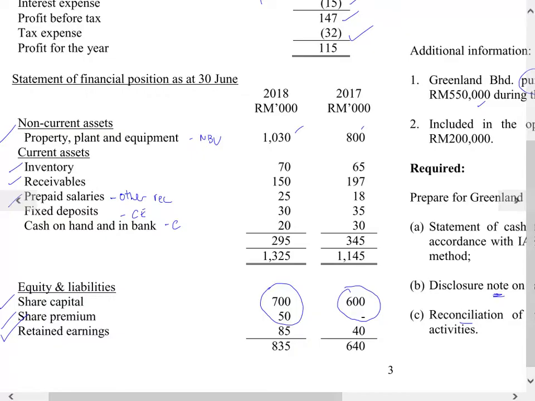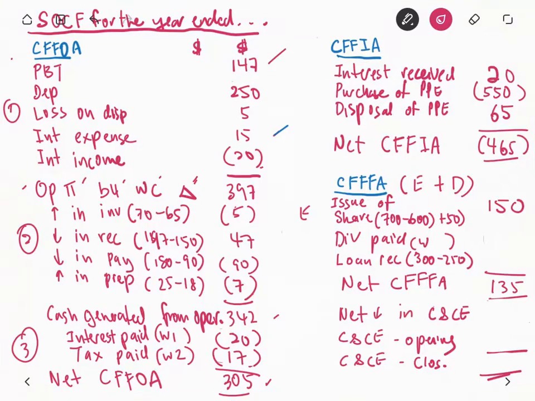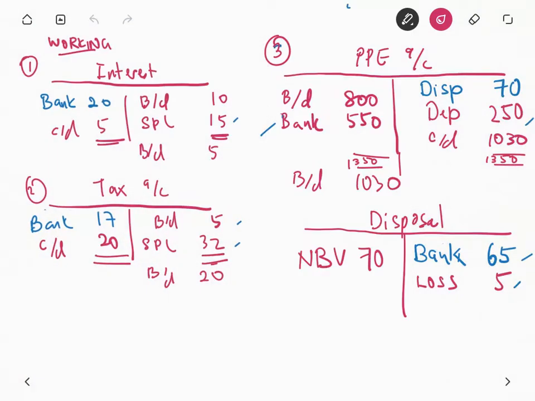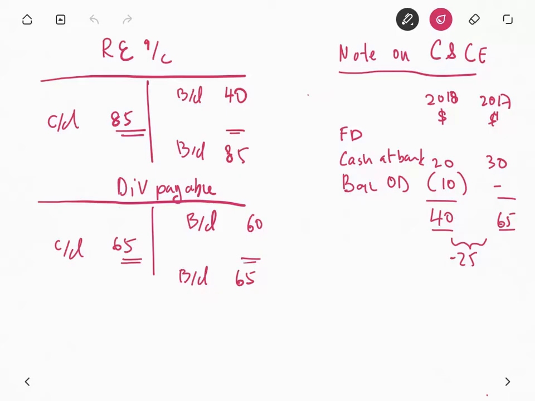Opening 40, closing 85, and the profit for the year is 115. I started with 40. I make another 115. I should have 155 as retained.